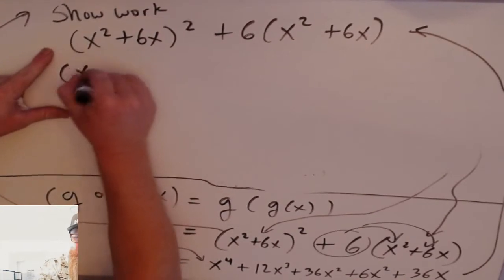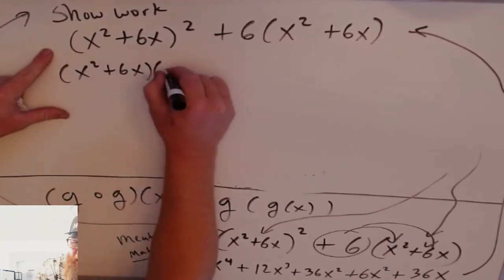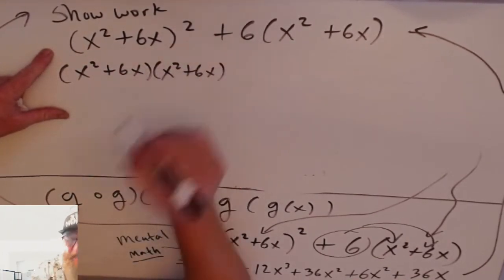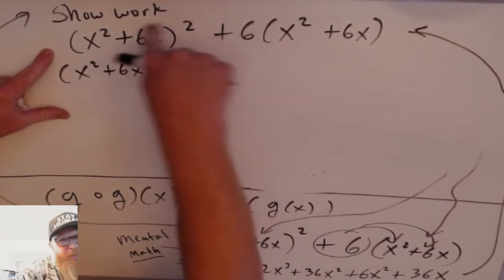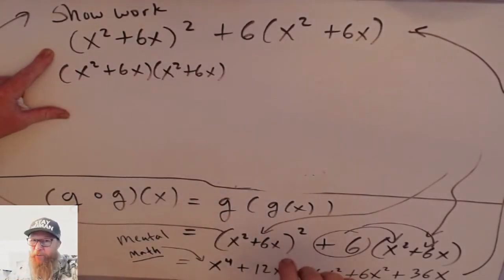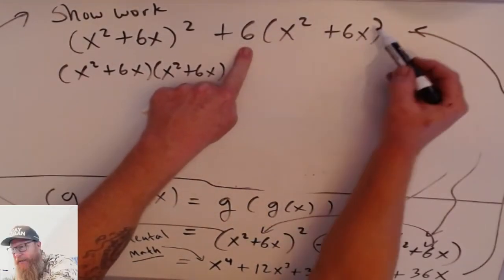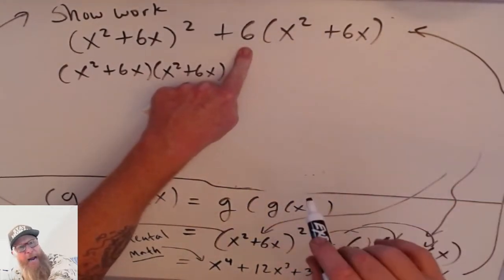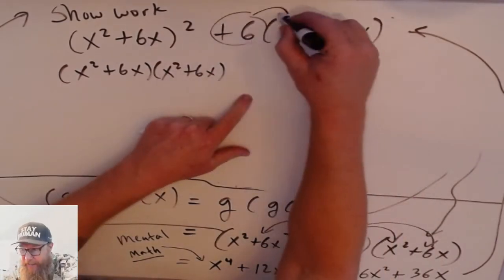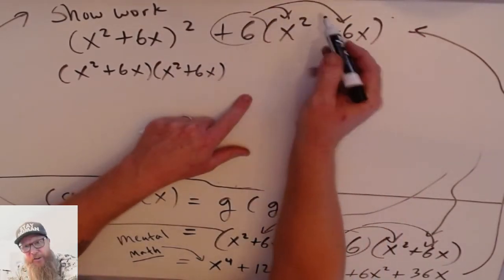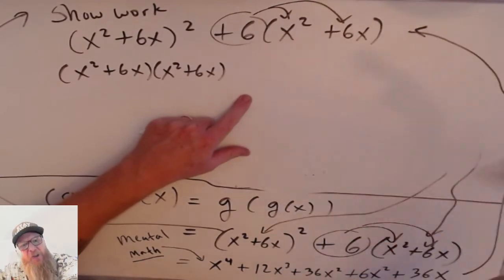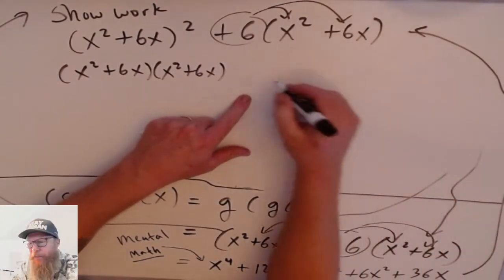So this would be x squared plus 6x times x squared plus 6x. Do not just plop the 2 inside. That never works. Now here, you can go ahead and distribute this 6 because there's no external powers. So that's legal. In order to distribute, there cannot be any external powers, powers that are outside the parentheses.